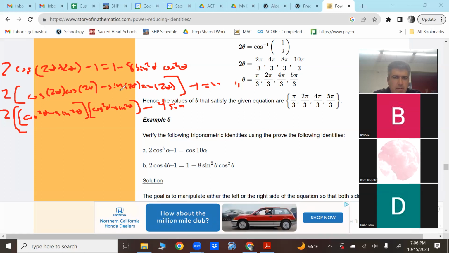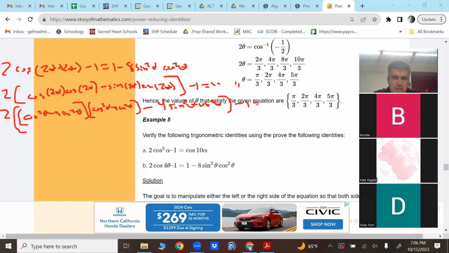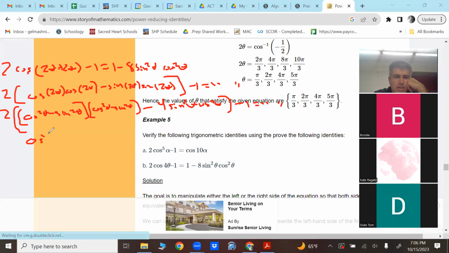So it'll be -4 sine squared theta, cosine squared theta. Minus 1 equals the other side. Then you do get, this is really nasty, you get cosine 4 theta, you get -2 sine squared theta, cosine squared theta, plus sine 4 theta.